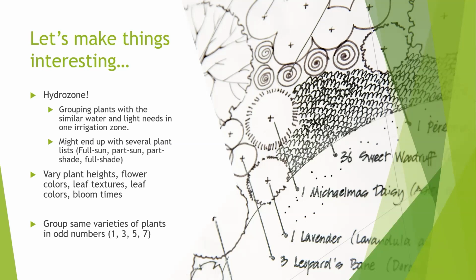So if you're going to have one accent plant, one is enough. If you're going to have multiple plants, then put them in groups of odd numbers. 7 is probably as many as you want to put in. If you were to go up to 9, that might be a little much.